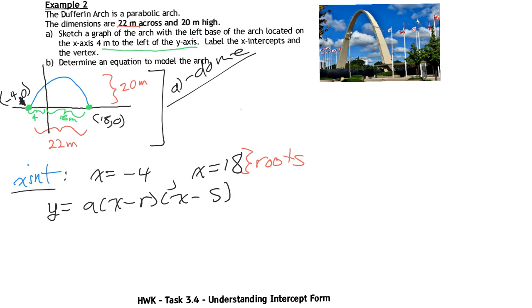When we used these roots, these x-intercepts, we used the opposite of those values inside the brackets. That produces an equation like this: y is equal to a, (x plus 4), because we start with x is negative 4 and it becomes plus 4 in the bracket.